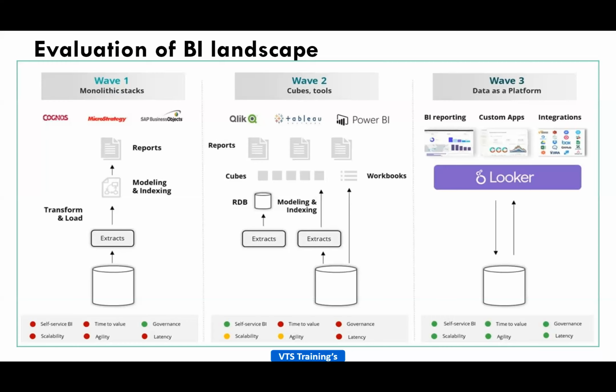So in the second wave, with cubes and tools, even though they have better relational database systems, they are again relying on more extracts and loads. They depend on the cubes and workbooks to maintain the data requested by the business, and on top of it the business intelligence and reporting team has to create the report.